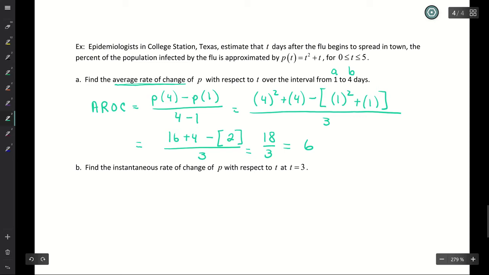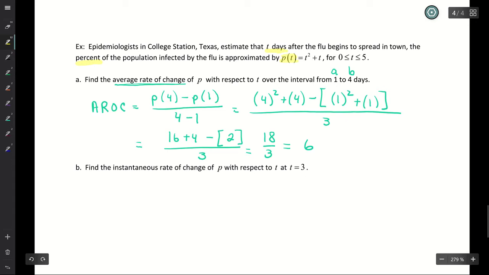All right, on this one being a word problem, let's see if we can go through and put units on this at the end. So going back through and looking at what they gave us, notice that they told us that the function represented percent. So it's percent of population, and that the t represented days.